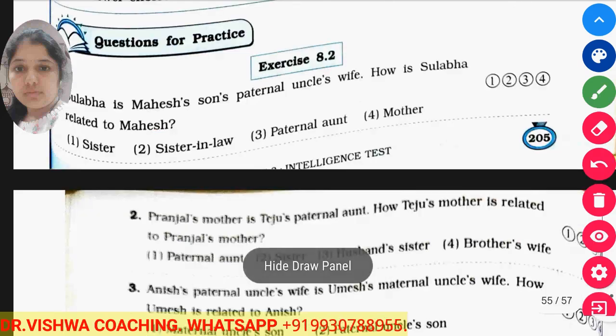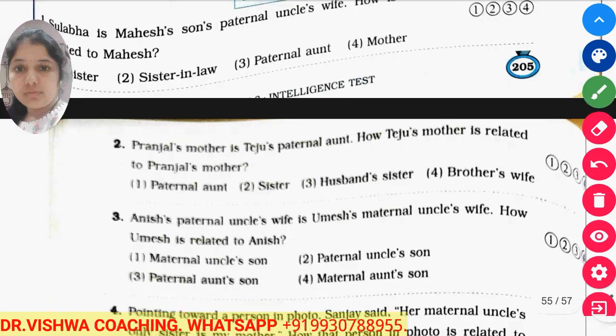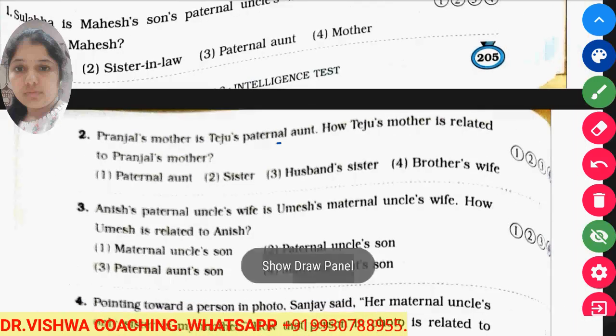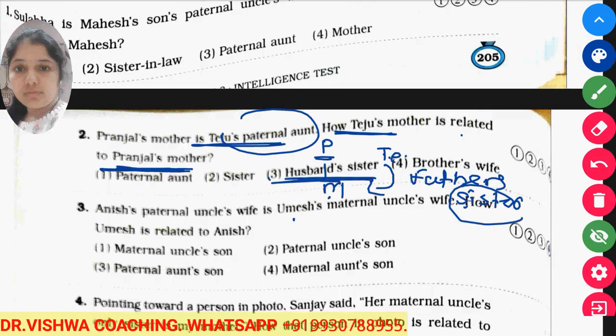Okay. Now Pranjal's mother is Teju's paternal aunt. How is Teju's mother related to Pranjal's mother? Now one person is Pranjal, her mother is Teju's paternal aunt, means Teju's father's sister. So Teju's mother will become her sister-in-law, or Pranjal's mother is Teju's mother's husband's sister.